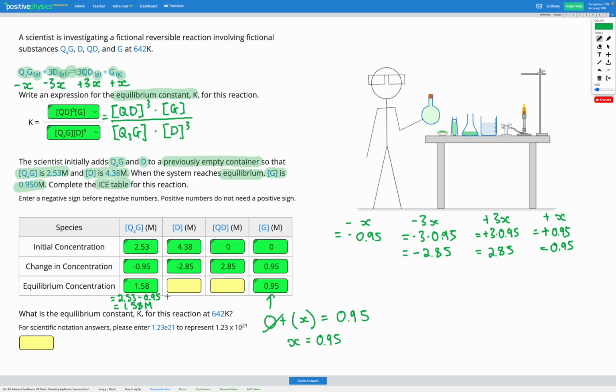For D, we've got 4.38 minus 2.85. That's going to get us a concentration of 1.53 molar. And for QD, we've just got 0 plus 2.85. So the equilibrium concentration is just going to be 2.85.